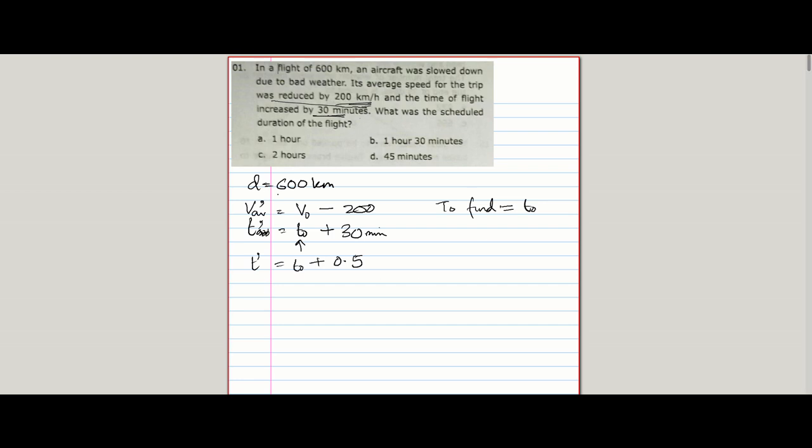Now the distance in both the cases is the same, the previous distance was 600 kilometers. So this is v naught t naught, the old velocity multiplied by the old time, which is also the same as t dash and v dash.